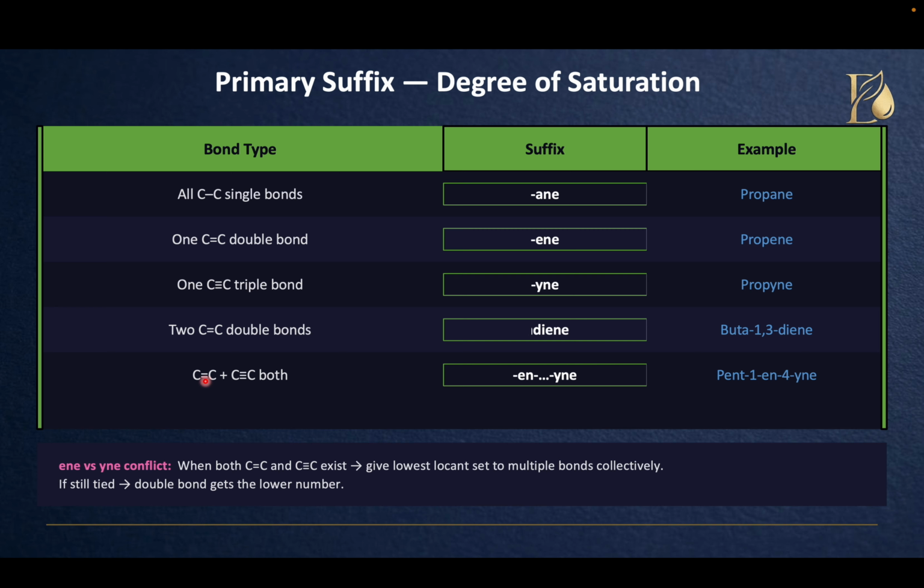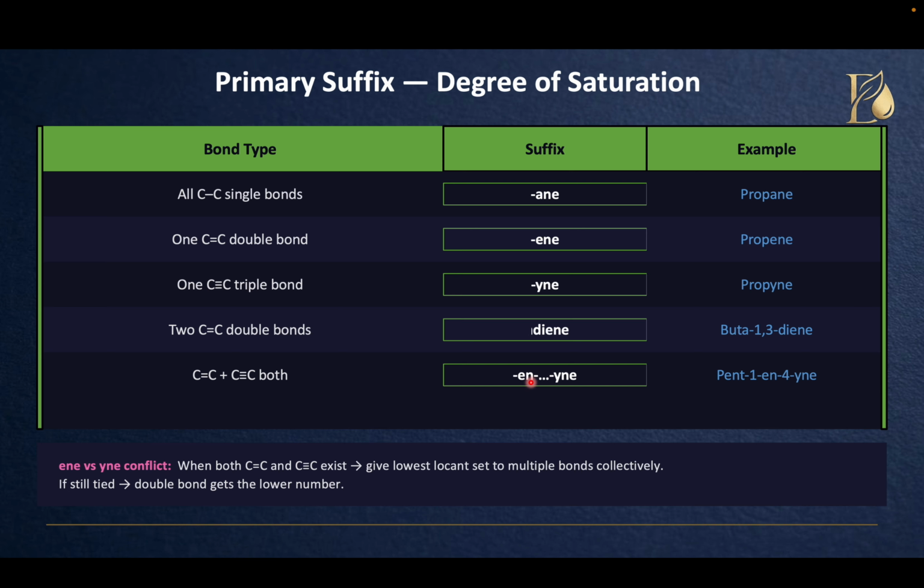Next, if a carbon-carbon double bond and triple bond come together, what will we use? If a double bond and triple bond come together, we have to use ene and yne together. Ene for double bond, yne for triple bond.